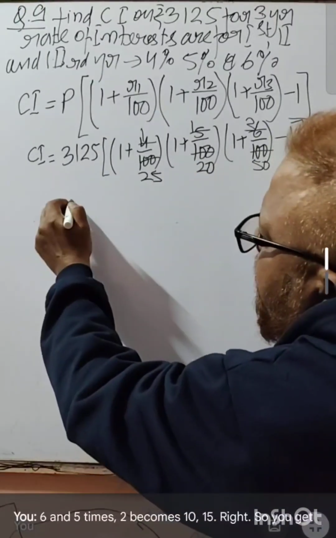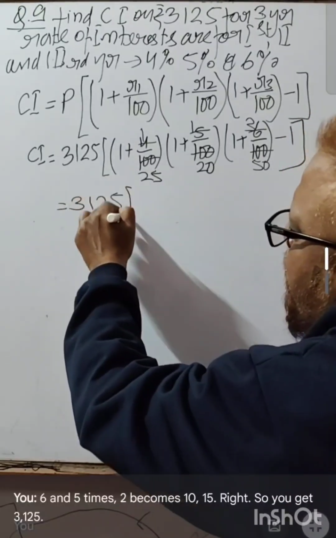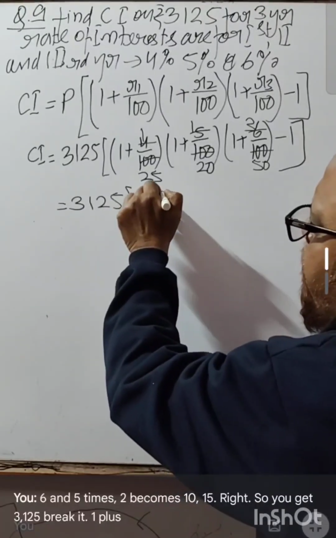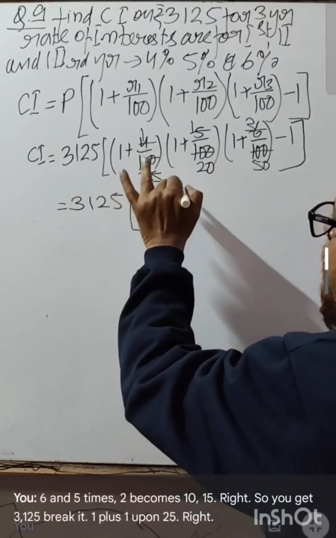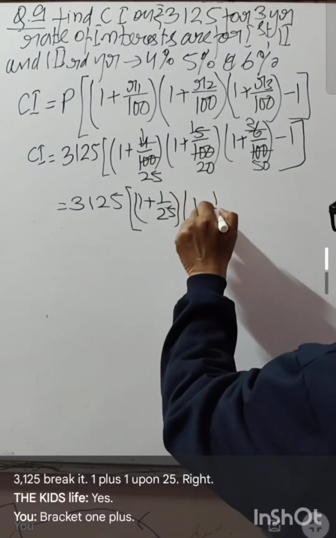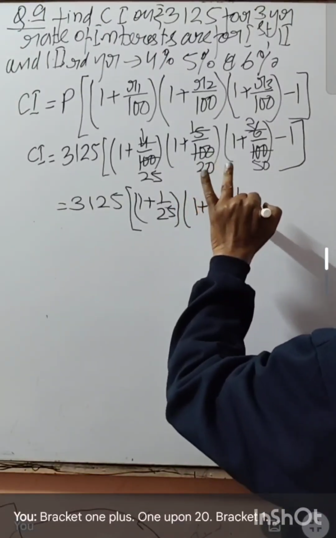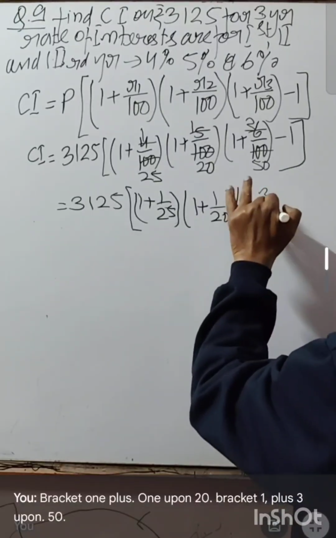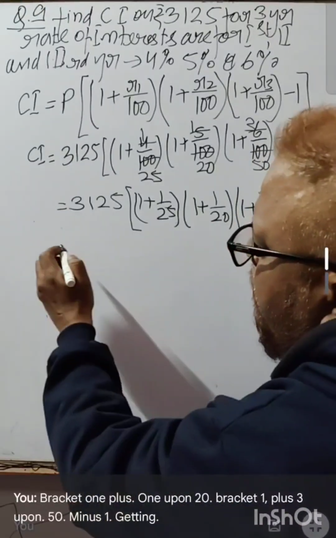So you get 3125 bracket 1 plus 1 upon 25, bracket 1 plus 1 upon 20, bracket 1 plus 3 upon 50, minus 1.